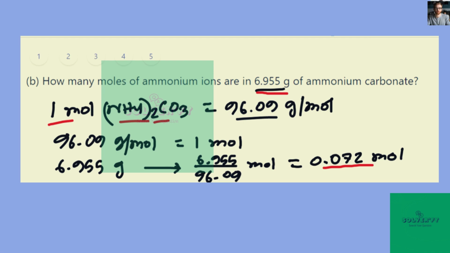That means this much mole of ammonium carbonate will contain this much moles times 2, which will give us 0.144 mole of ammonium ion. So this is the number of mole of ammonium ion in this gram of ammonium carbonate.